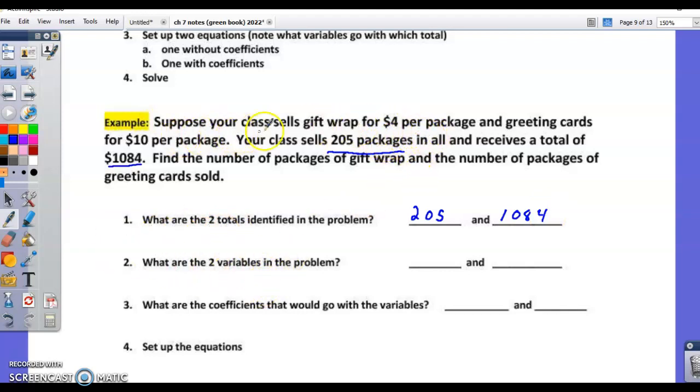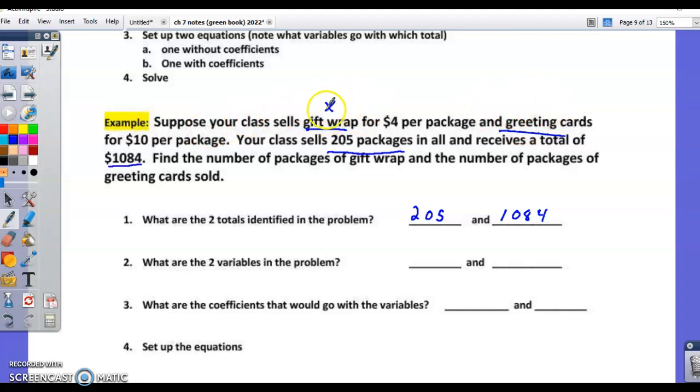Now from a variable standpoint, we need to identify what the variables are. So we have packages, and what we're selling are two different packages. So one's greeting cards and one is gift wrap. The gift wrap's $4 per package and the greeting cards are $10 per package, but our two variables, the two differences, are greeting cards and gift wrap.